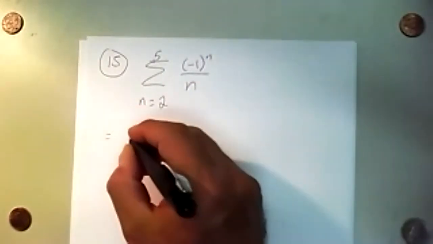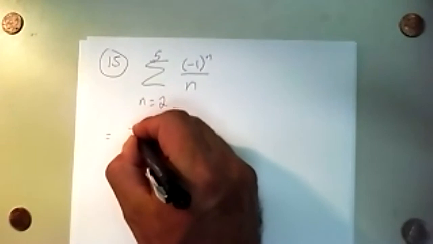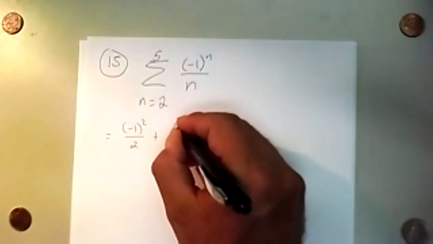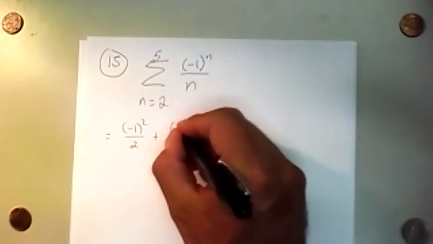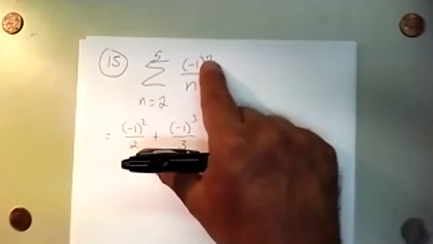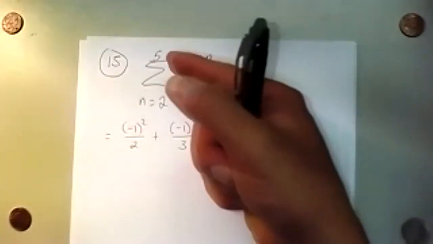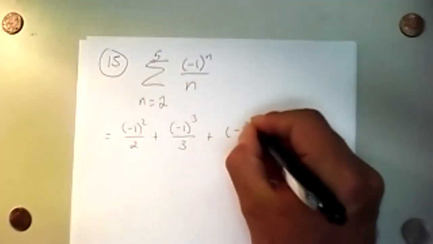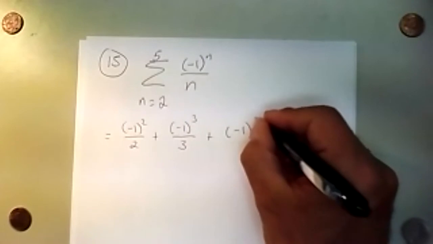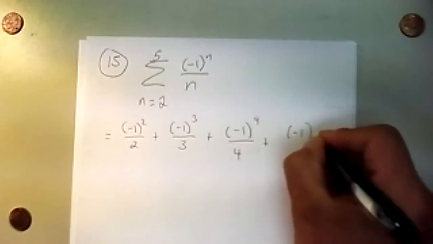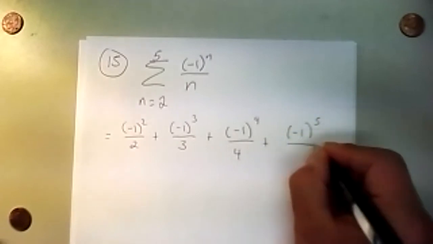Now, we can just put the numbers. Start with 2, so negative 1 squared over 2, plus, it's always plus, negative 1 to the third over 3. So we start with 2, and we work our way up to 5, plus negative 1 to the 4 over 4, plus negative 1 to the 5 over 5.